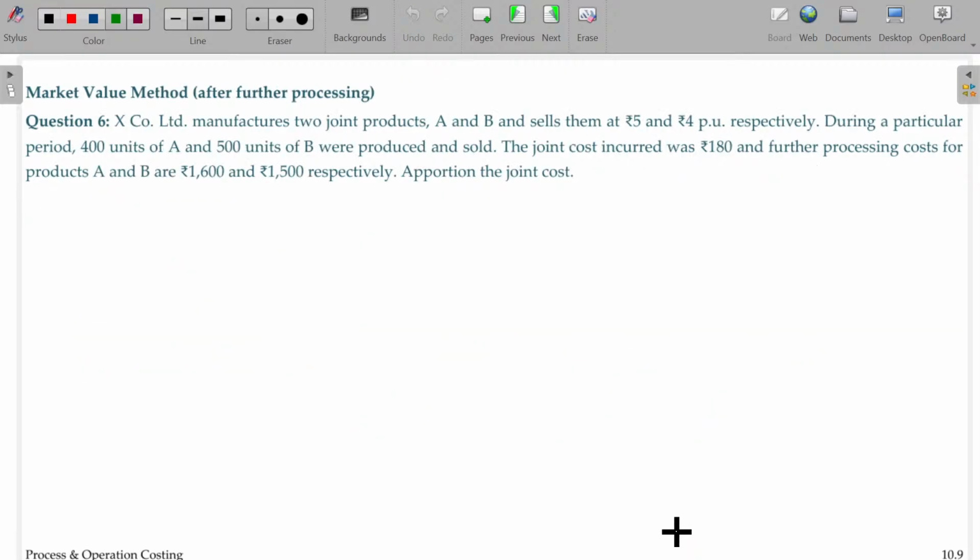Now, the sixth one, the same market value method but after further process. What happens here? Find out the market value after further process; that is the base to distribute the costs. X Company Limited manufactures two joint products, A and B, and sells them at rupees 4 and 5 respectively.